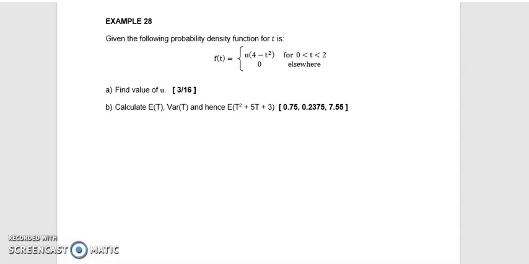To sum up, in chapter 5, what we need to know is how to find the probability distribution for discrete, how to determine whether a given function can serve as a probability density function for a continuous variable, and how to find the cumulative distribution function for both discrete and continuous variables.